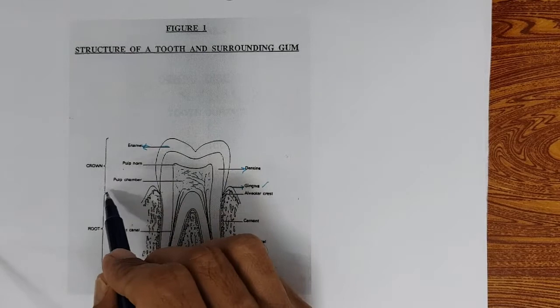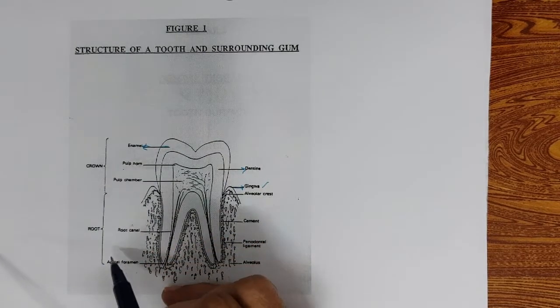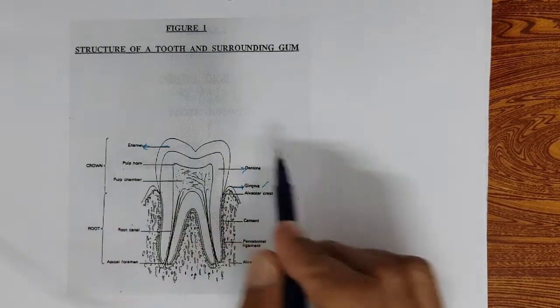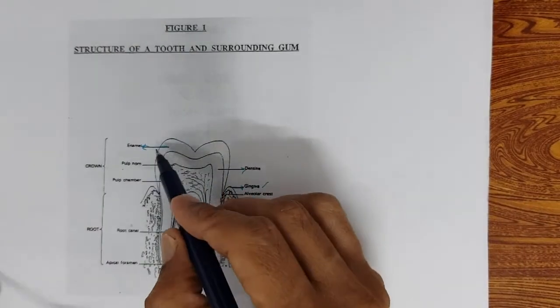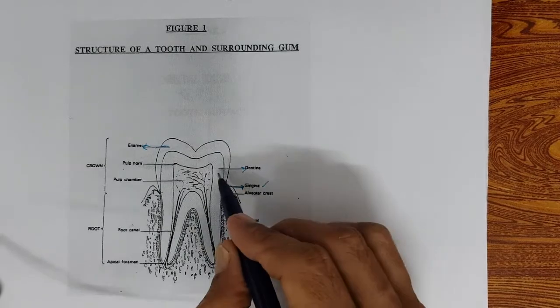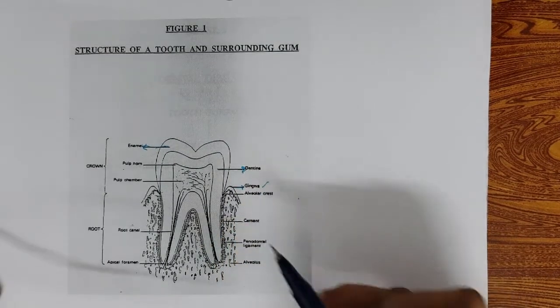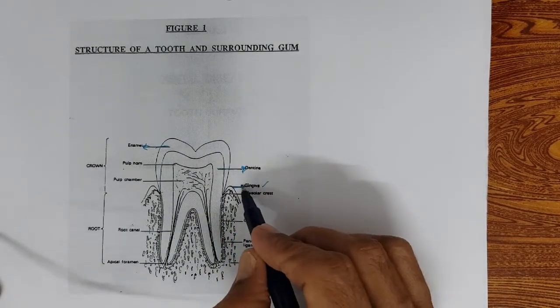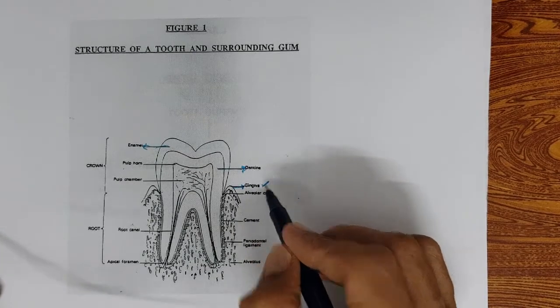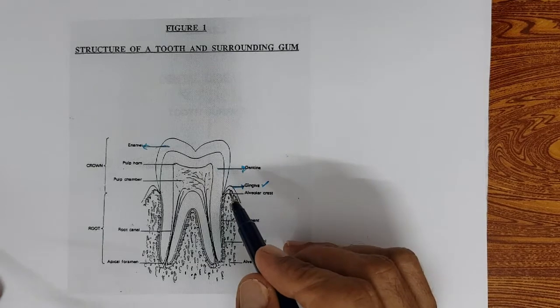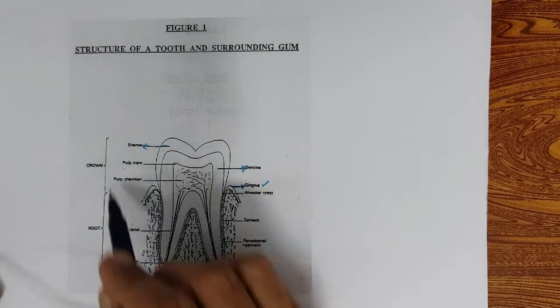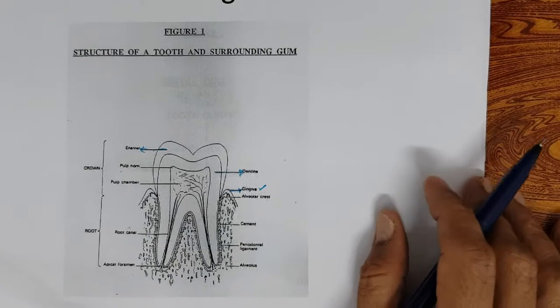This is the crown and this is the root. In the structure of the teeth, enamel is very important, dentine is very important, and for cosmetic purposes gingiva, that is the gum, is very, very important. Of course, the root and the crown as well.